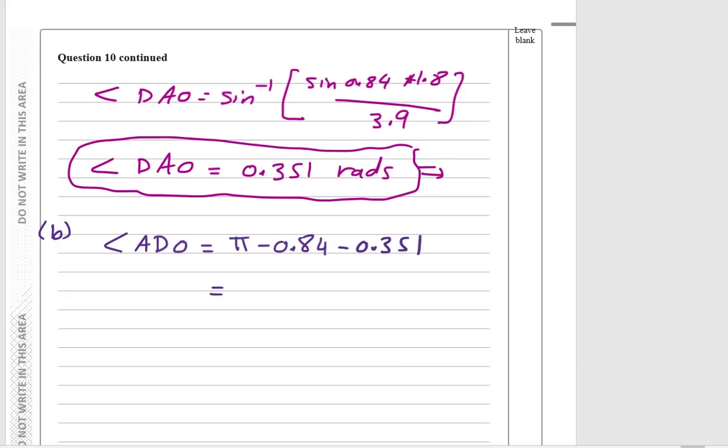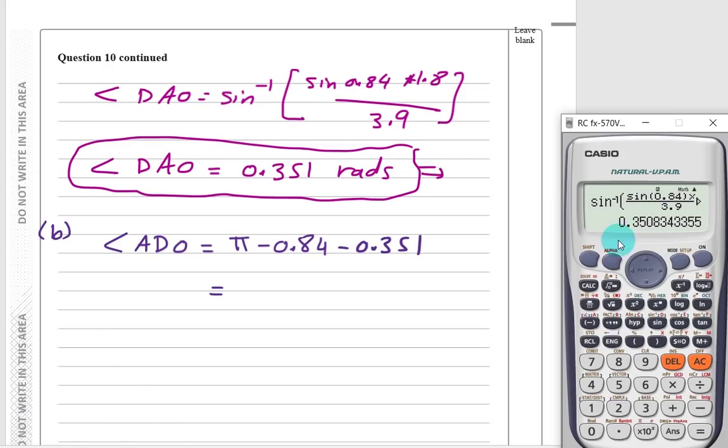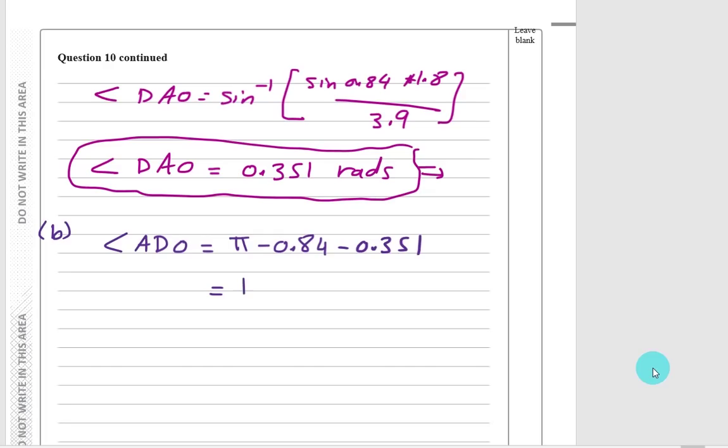So it's equal to pi minus 0.84 minus 0.351, which equals 1.951 radian.